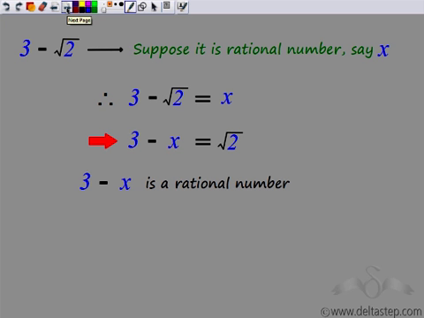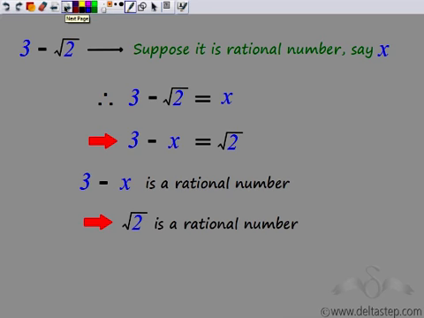So I get that the left hand side of this expression is a rational number. What about the right hand side? If left hand side is a rational number, that implies the right hand side also has to be a rational number. So this implies that under root 2 is a rational number. Now, is this correct? No, we already know that under root 2 is an irrational number.